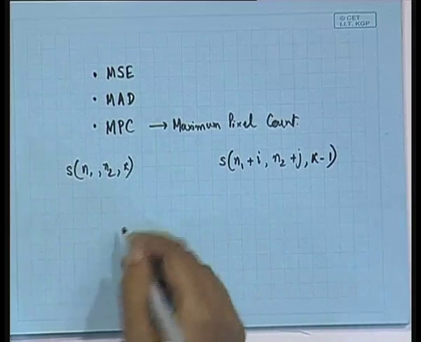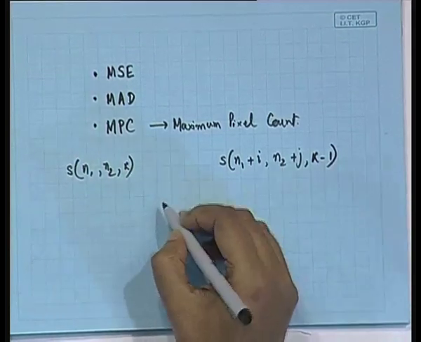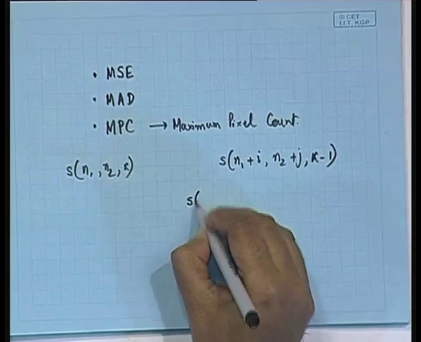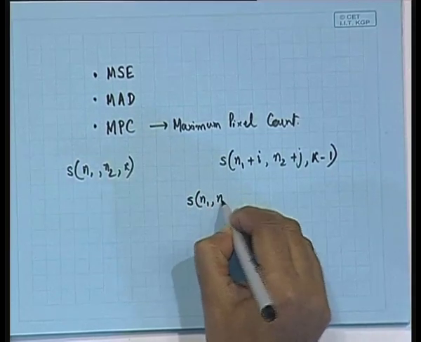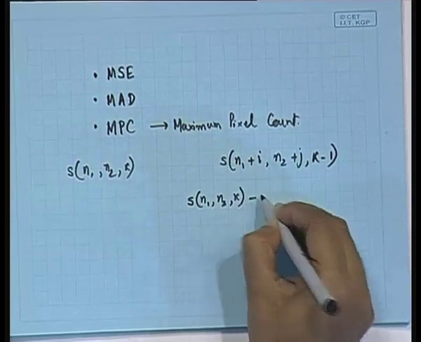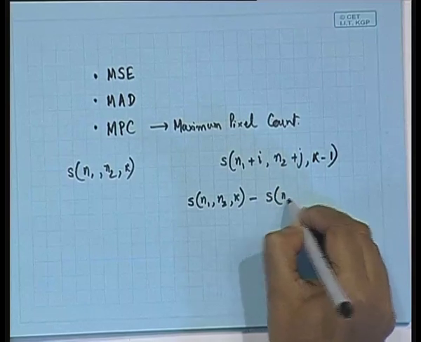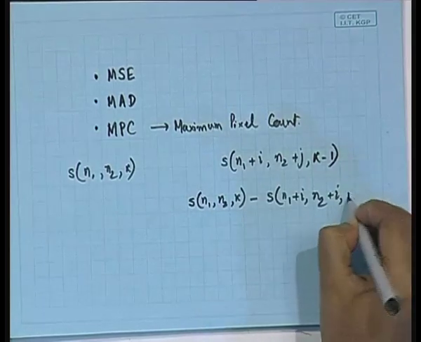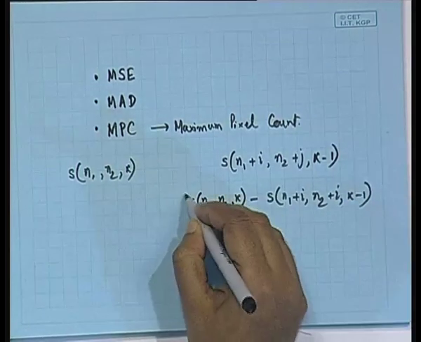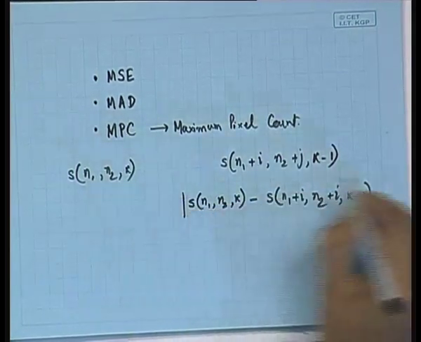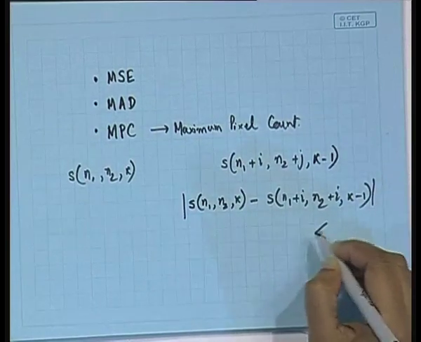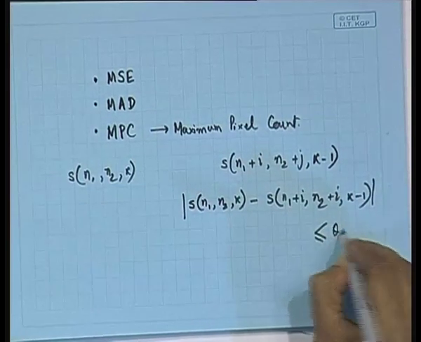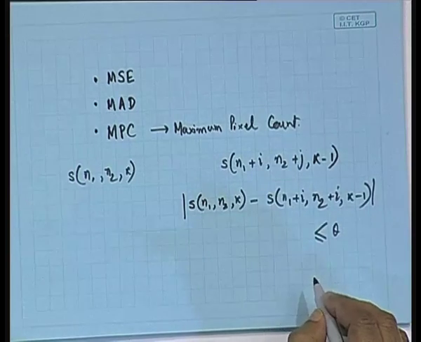In that case, we check whether the magnitude of S(n1, n2, k) minus S(n1 + i, n2 + j, k minus 1) is less than or equal to some pre-assigned threshold theta.